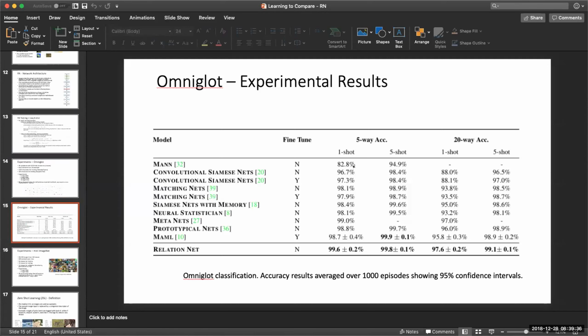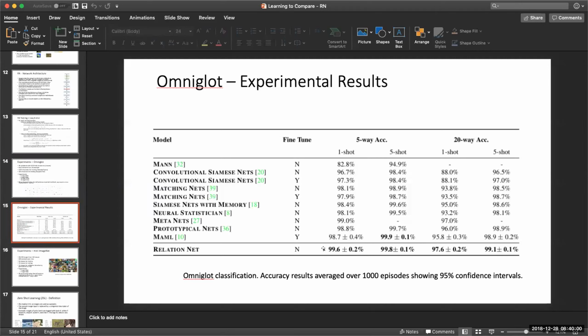These numbers are accuracies, and they're averaged over 1,000 episodes. And these plus minuses are the 95% confidence interval. The dark black is the best score for that experiment.